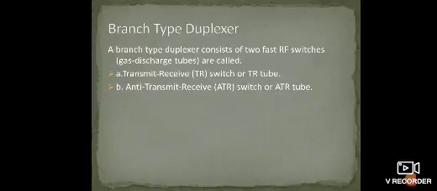In our branch type duplexer there are two tubes, that is the TR switch, which we call the transmit receive switch or TR tube. Shortcut, we can call it the TR tube.